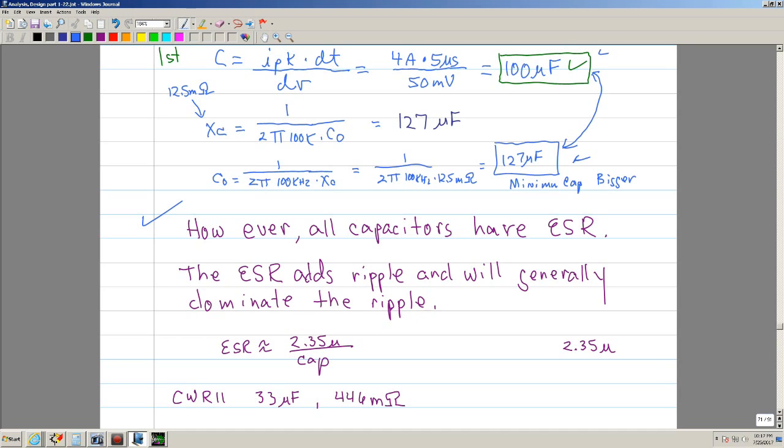So I'm going to make a statement here: the ESR sets the ripple, provided that CO is big.